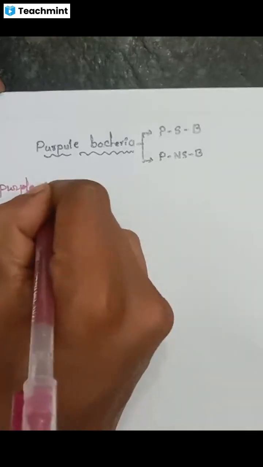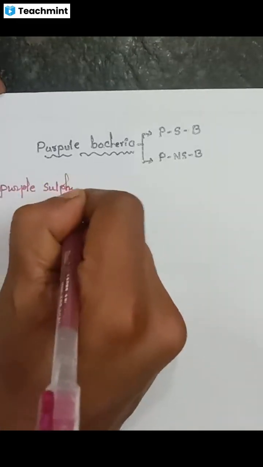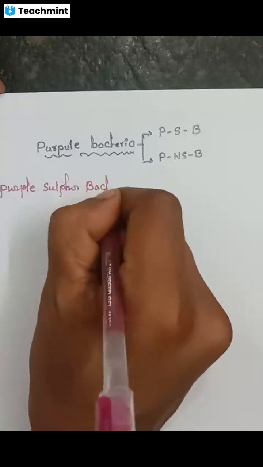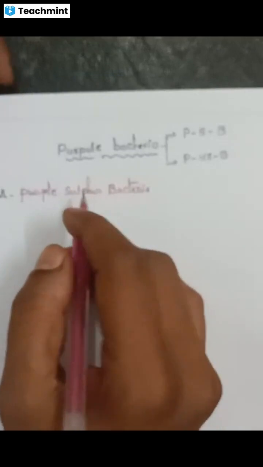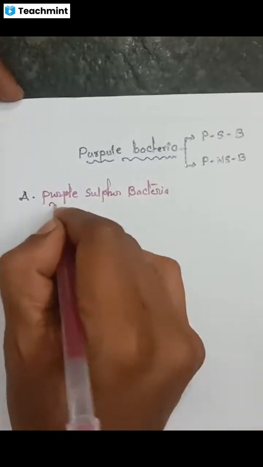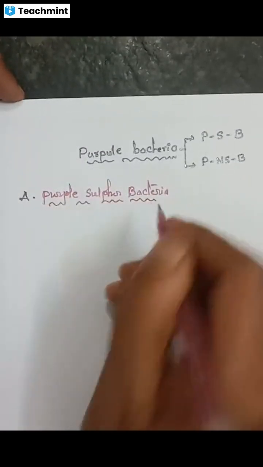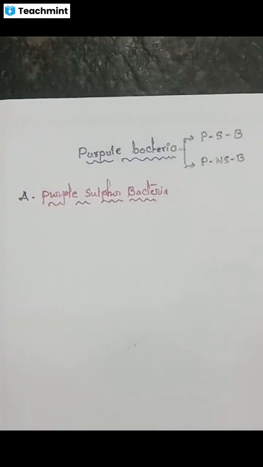The purple bacteria are classified into two subgroups: purple sulfur bacteria and purple non-sulfur bacteria. So first of all, purple sulfur bacteria.